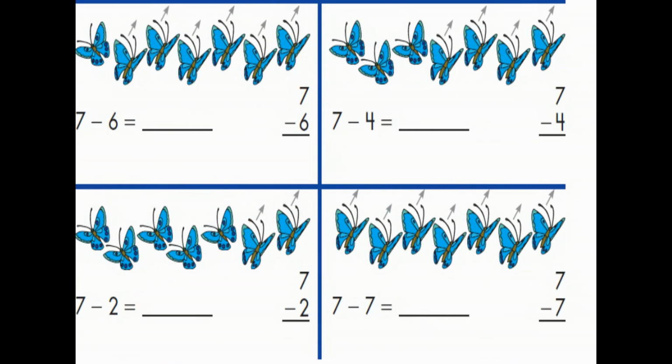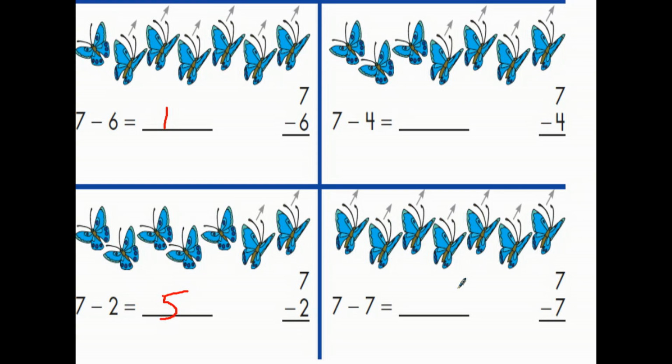Again here, another example. 7 minus 6. 6 of them left, 1 remains. So the result is 1. Here, out of 7, 2 left, so 2 flew away. How many? 5 will be the result.